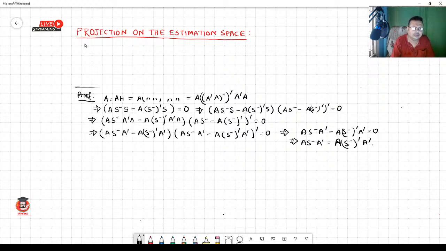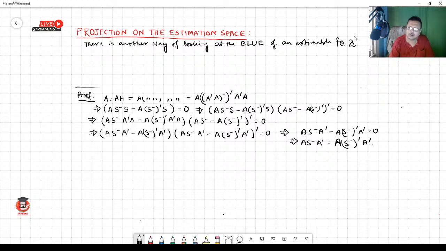There is another way of looking at the best linear unbiased estimator of an estimable function lambda curl prime theta curl.